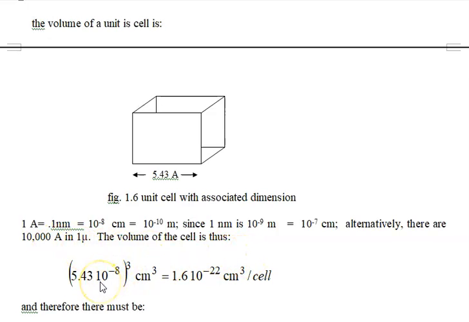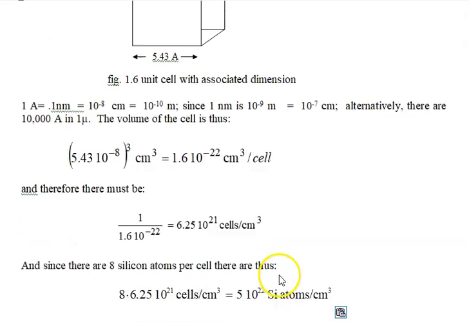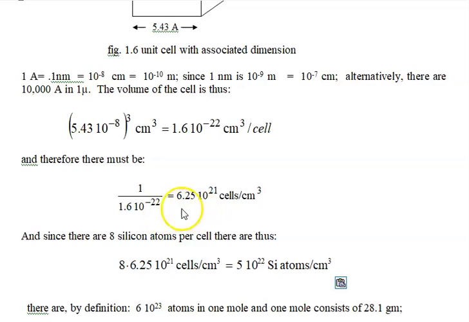So thus the unit cell, we just take the dimension and we cube it. And we get 1.6 times 10 to the minus 22 cubic centimeters in each cell. And if we flip that, we get cells per cubic centimeter, which is 6.25 times 10 to 21 cells per cubic centimeter.